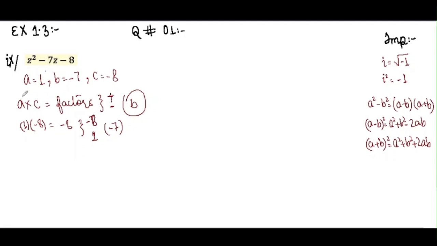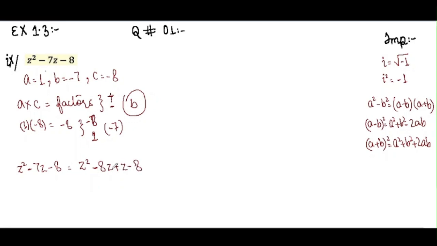Okay, now we are using this whole rough work to find the midterm break. So we get these two factors, minus 8 and 1, which we are using here. So we are going to write it as z square minus 7z minus 8 equals z square minus 8z plus z minus 8.